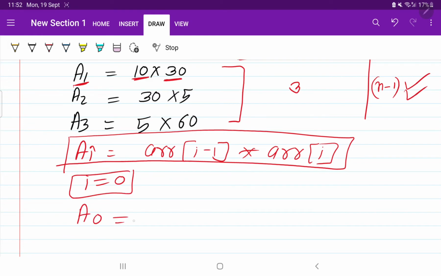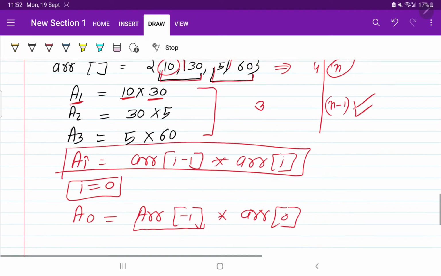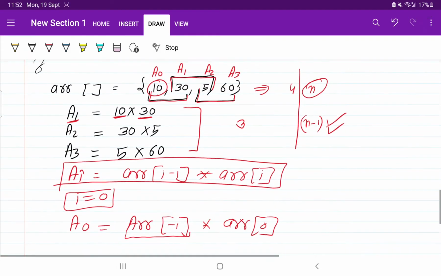You are going to say that A0 will be array of minus 1 multiplied by array of 0. Now tell me, are you going to get any value for array of minus 1? Because the array starts with 0, there is no valid value for this one.